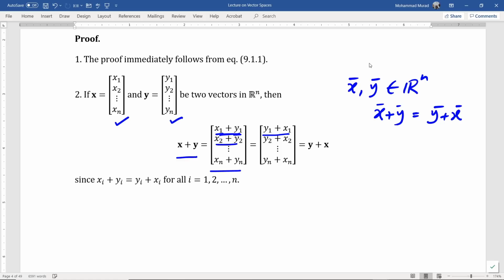Similarly, the second component can be written as y2 plus x2, and so on. But the second column is in fact, by definition, the sum of the vectors y and x. So it's y plus x. So the proof is over.